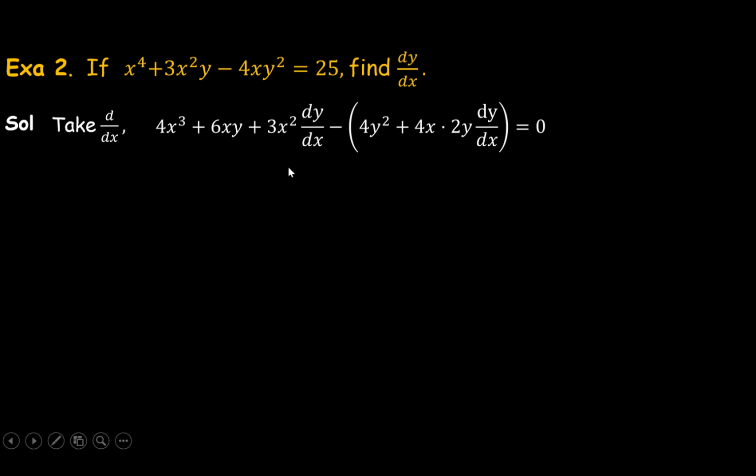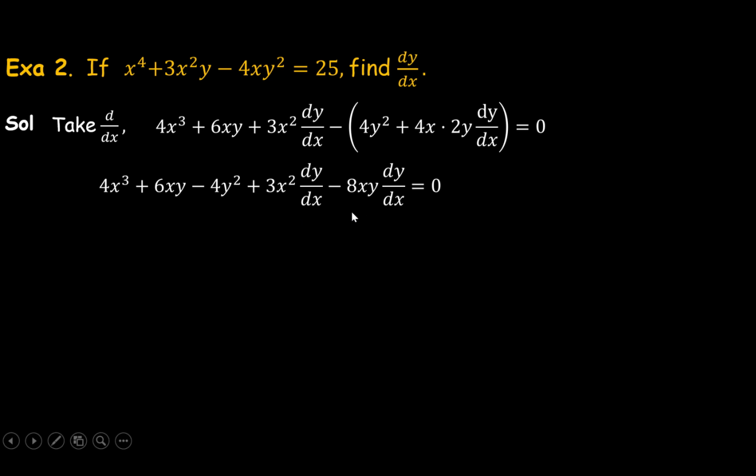So now we have this equation here involving dy/dx. You can solve for dy/dx from this. Basically, you group the terms that contain dy/dx together, and then the remaining terms together. So we're going to get those 1, 2, 3 terms here. They do not contain dy/dx, so group them together. And then these other 2 terms do contain dy/dx, so you group those together.